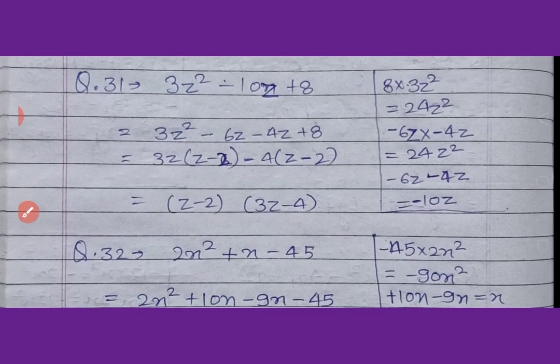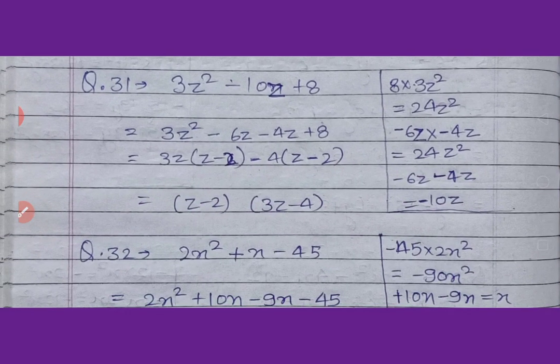Next question 31. It has given 3z square minus 10z plus 8. So we have to multiply first and third term. It became 8 3s are 24z square. Now again it came same as the previous, 24 in the previous also, and now again 24.